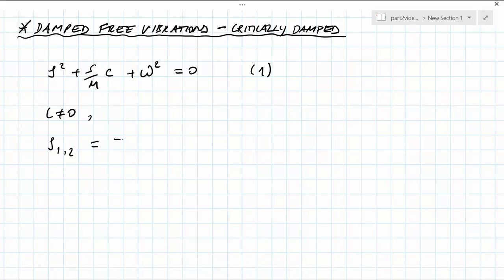S1 and S2 are equal to minus c over 2m plus or minus the square root of (c over 2m) squared minus omega squared.